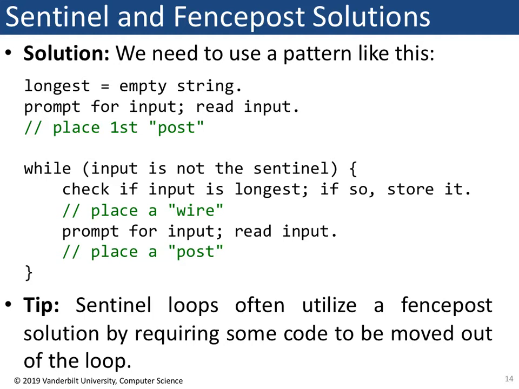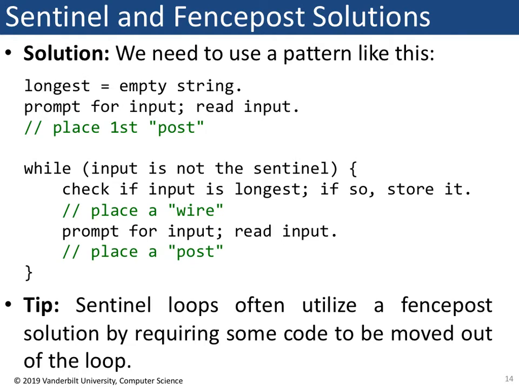So we wanted to get in words from the user while only checking n-1 times for if it's the longest. So then that means our post must be prompting the user and getting a word. And our wire is checking to see if it's the longest and storing if it is.